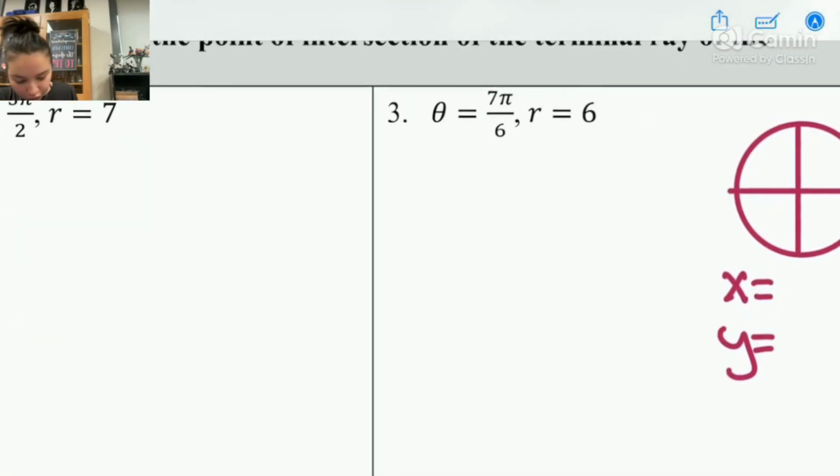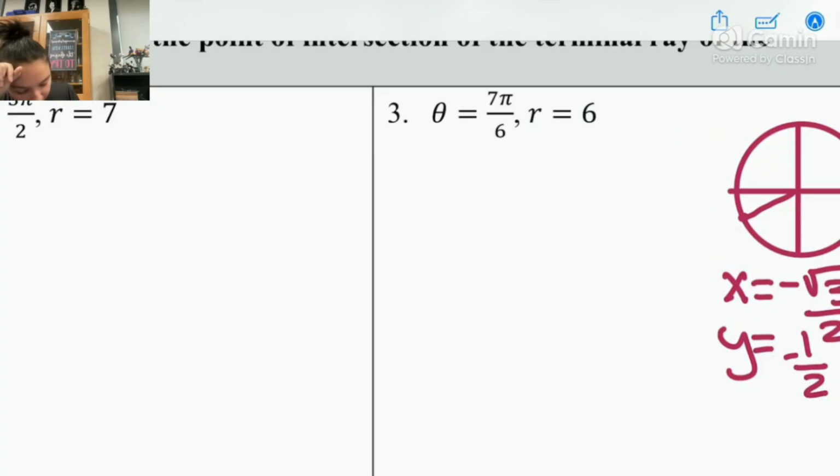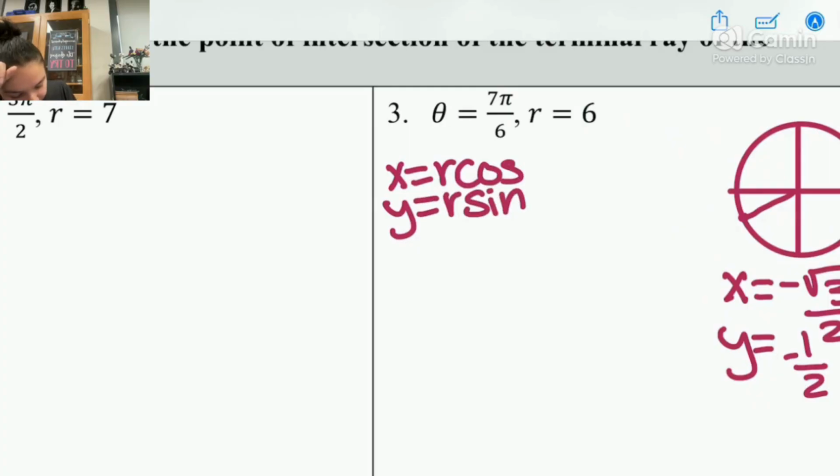For question number 3, 7 pi over 6 is going to be out here, and that coordinate would be negative square root of 3 over 2, and y would be negative 1/2. The same formula: x is equal to r cosine, y is equal to r sine.